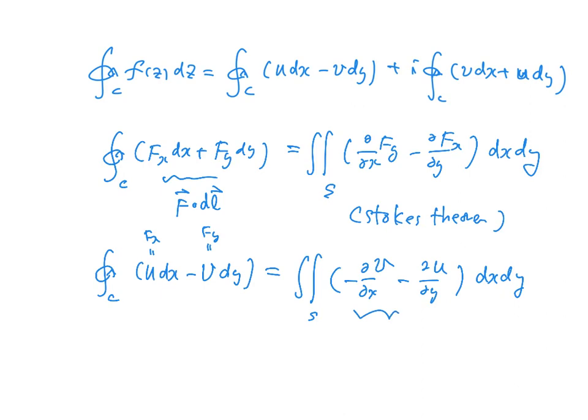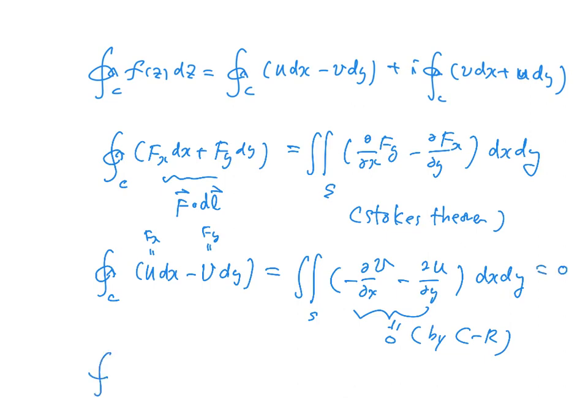And what about this? What is partial x of v minus partial y of u, right? So this is 0 by CR. So this is 0, right?